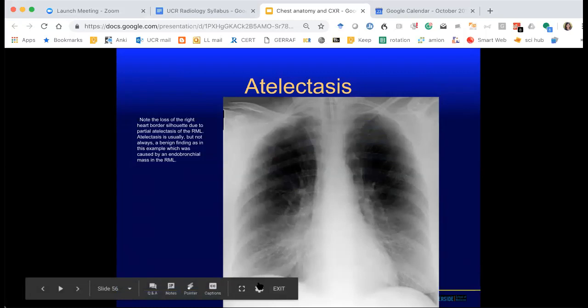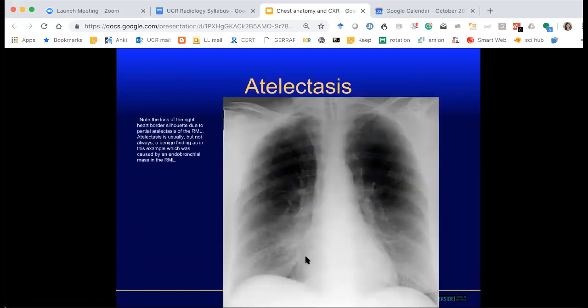So it's a combination. The right hemidiaphragm is maybe a little higher, but the global volume as well as the right hilum being pulled down, and the loss of the right heart border, collectively suggest volume loss.